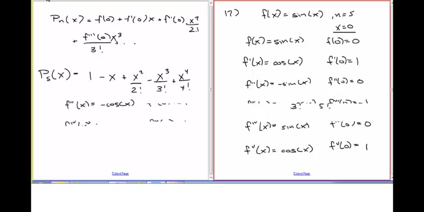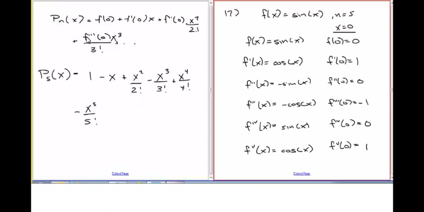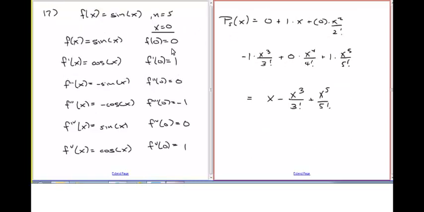So then you plug it into your expression here for the Maclaurin polynomial. So this is f of 0 plus f prime of 0 times x plus f double prime of 0 times x squared over 2 factorial plus f triple prime of 0 times x cubed over 3 factorial plus the 4th derivative times x to the 4th over 4 factorial plus the 5th derivative, which is 1 right here, evaluated at x equals 0.